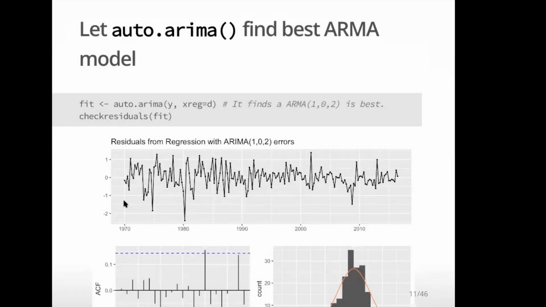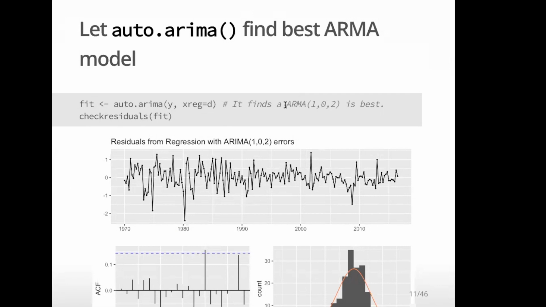We could use the arima function to find the best linear regression with autocorrelated errors model. And what it finds, I didn't show the output because it's kind of verbose, but what it finds is that this model here is best. So it's modeling the errors with this model.